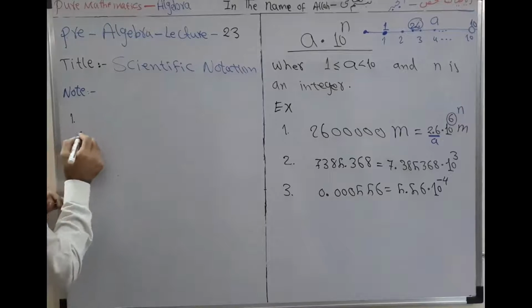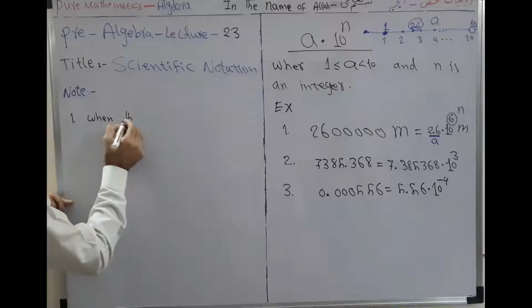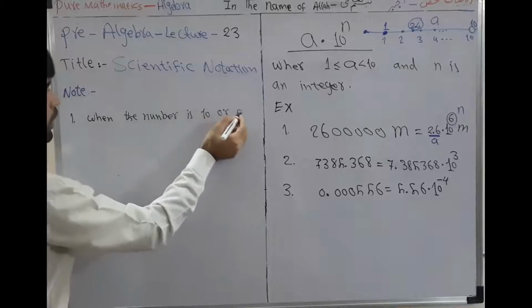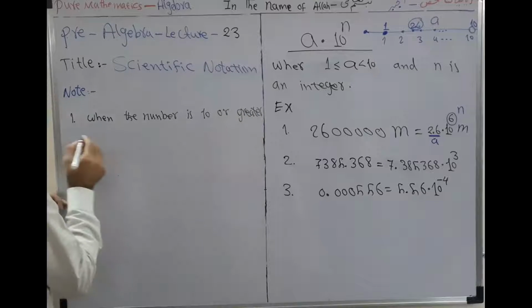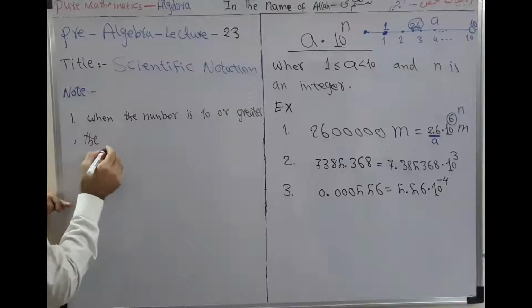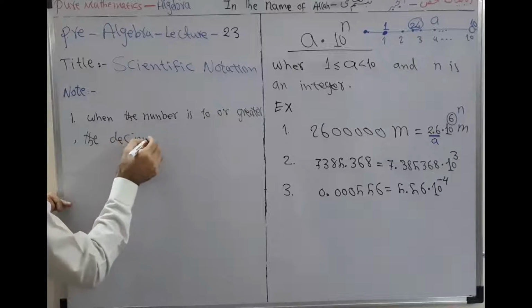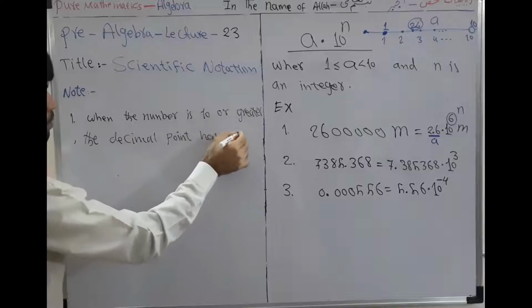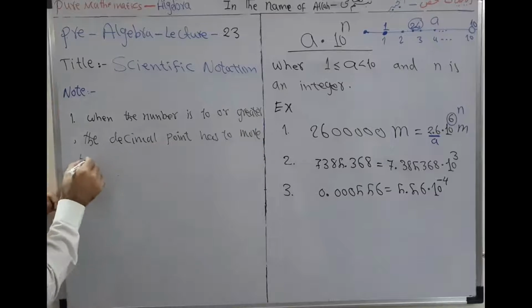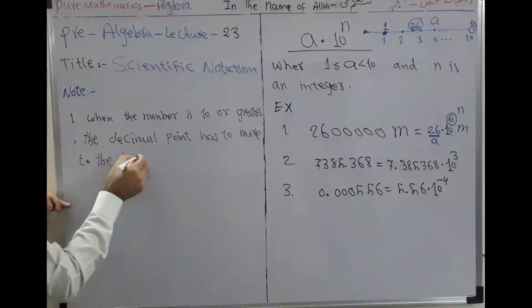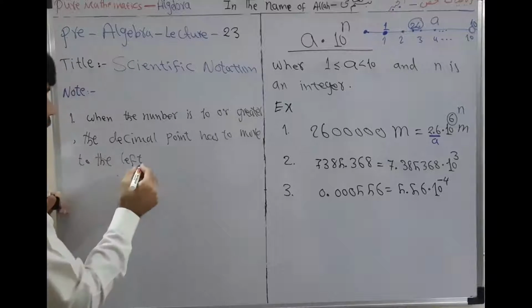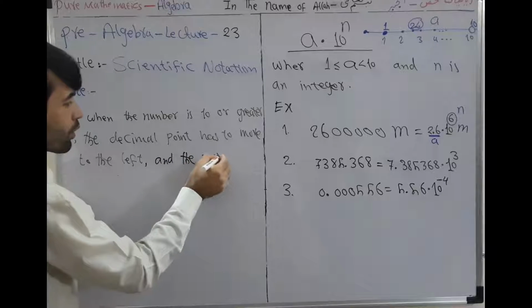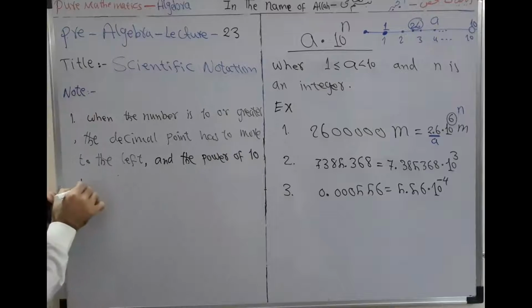Note 1: when the number is 10 or greater, the decimal point has to move to the left, and the power of 10 is positive.